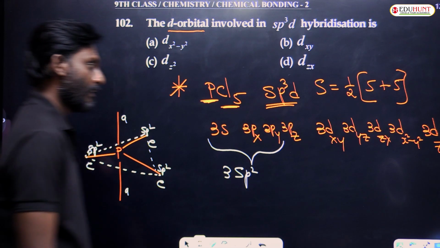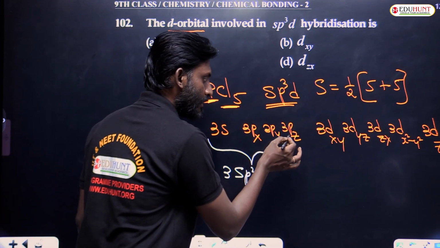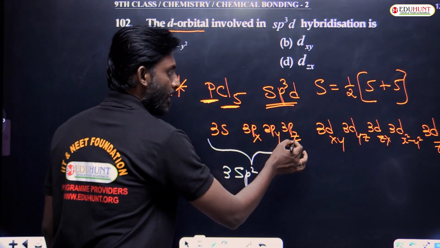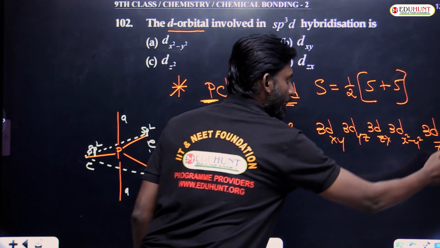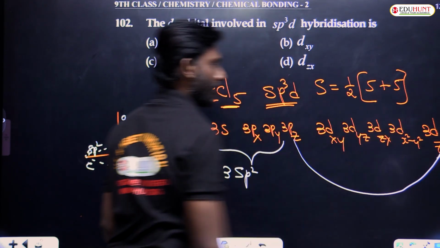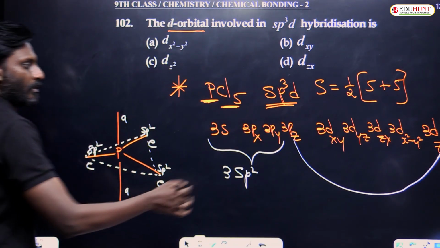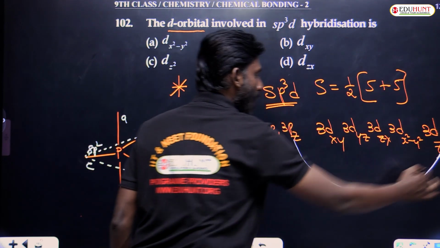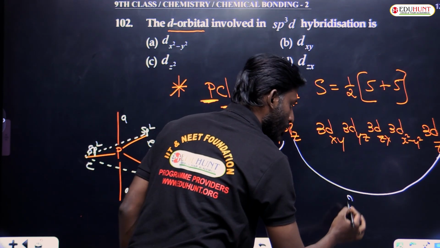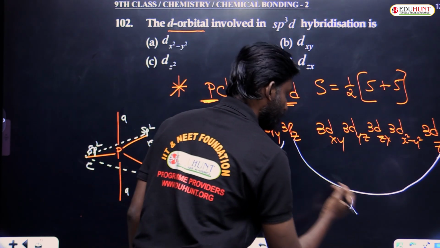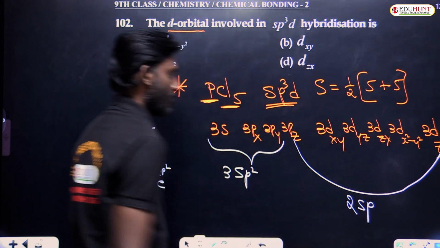Okay, and this 3pz will intermix with the dz2. By the intermixing of 2 atomic orbitals, you will get 2 hybrid orbitals, 2 sp.